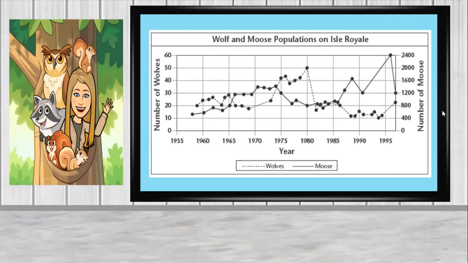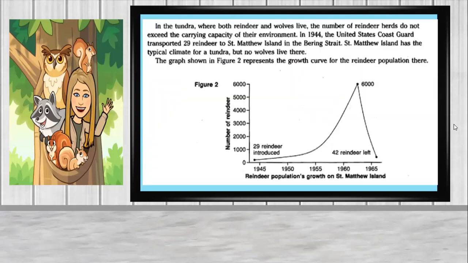So they are related to one another, how one animal affects the other, and that's based on the carrying capacity in that environment, whatever limiting factors are affecting the habitats for both the wolves and the moose. And you can see how those two organisms are directly related to one another.